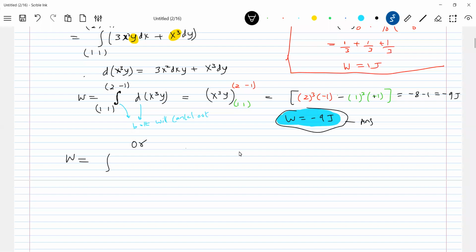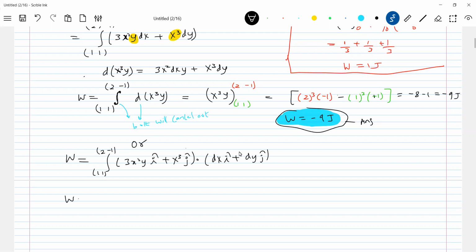The question was 3x square y, the limit was 1 comma 1 to 2 comma minus 1.